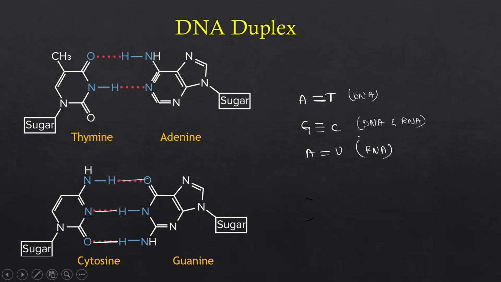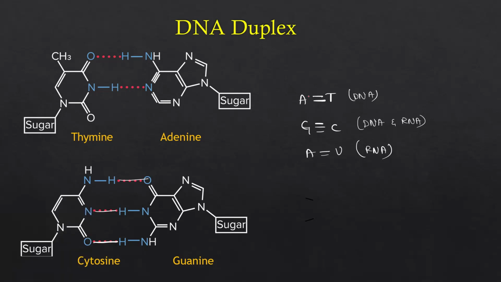So you will see adenine and thymine exclusively in DNA, adenine and uracil exclusively in RNA, and guanine and cytosine in both DNA and RNA. So remember this. There is always a pyrimidine that makes a double bond or triple bond with a purine. So you can write that a purine makes a double or triple bond with a pyrimidine. Adenine and guanine come under purines.